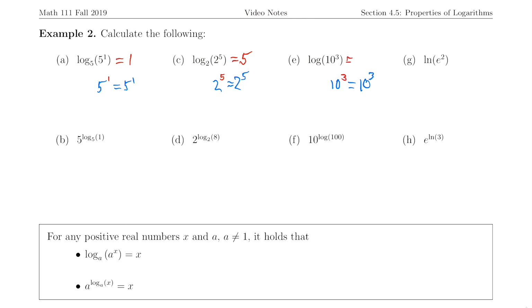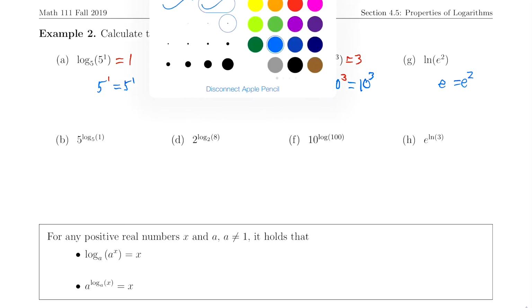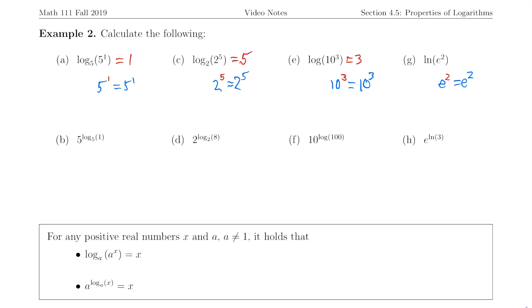And the same way for the last one, we have ln again. Ln means base e, so e to the what power equals e squared, or that is 2, and therefore our answer is 2.